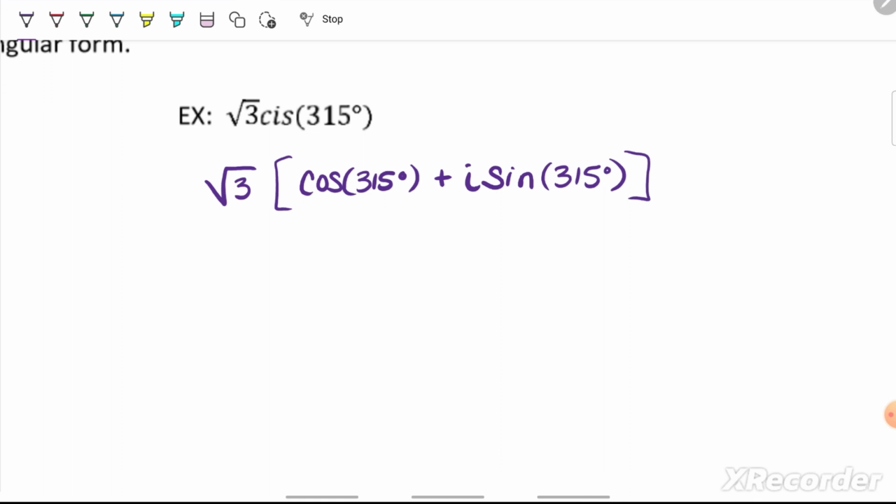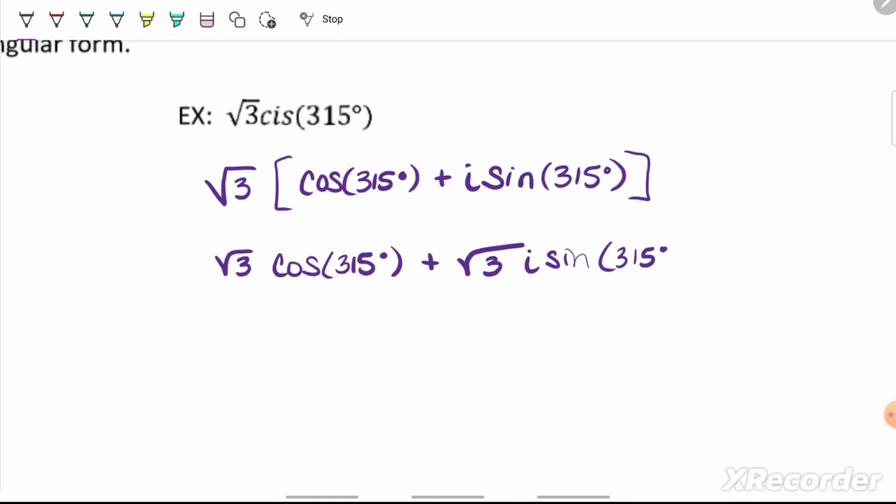I'm going to distribute the square root of 3. And now we'll find our exact trig values off our unit circle.